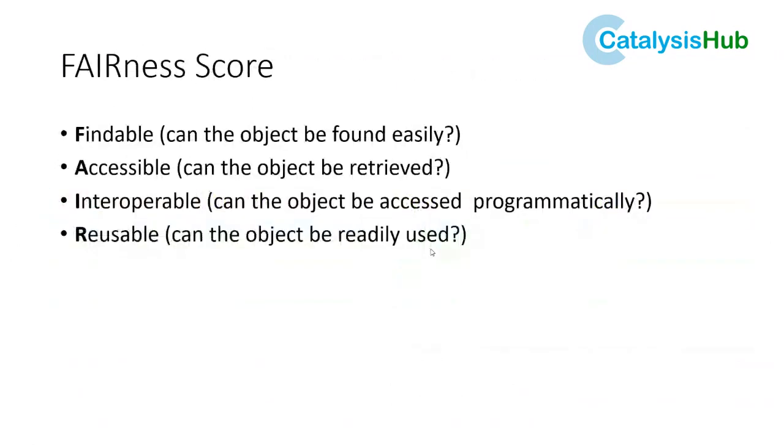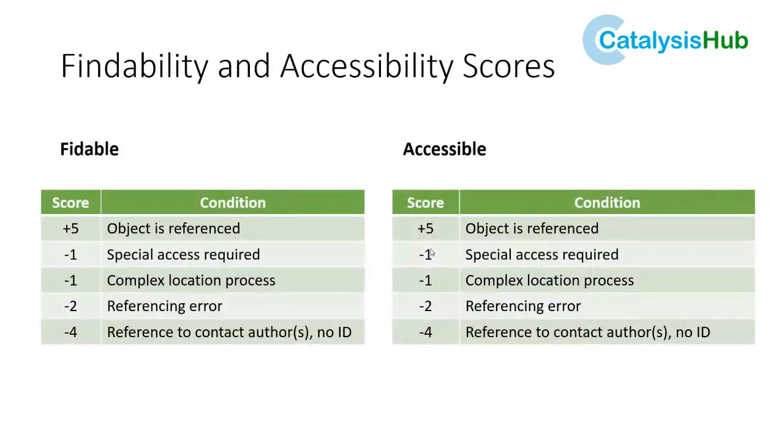So we created a rapid scoring system, which is very ad hoc, but we assign some values to the data that we have, and we try to say, okay, if the object is referenced, it gets 5 points on findability, but if special access is required, we deduct 1 point.